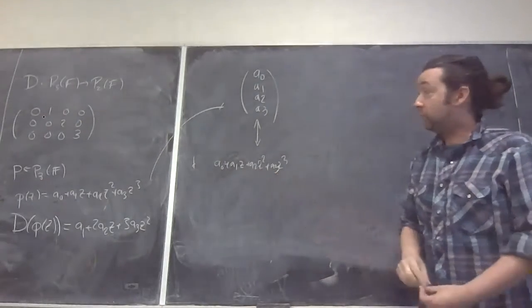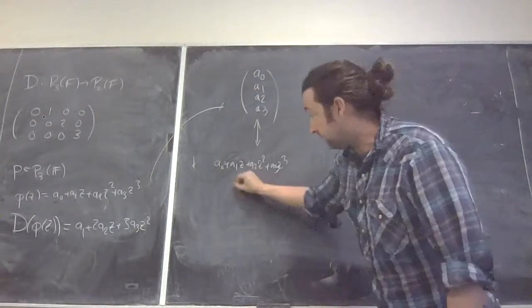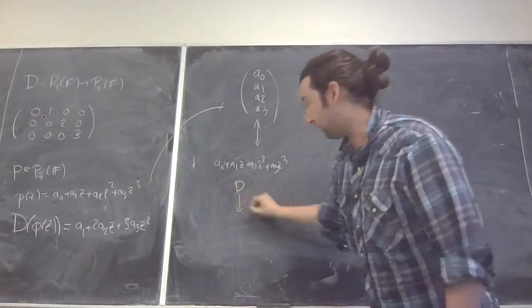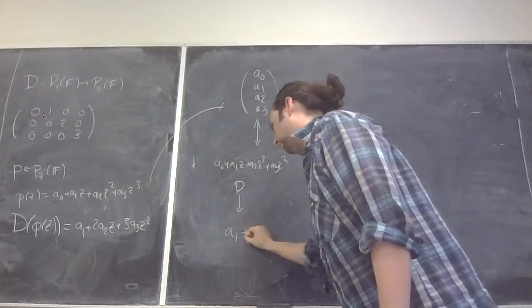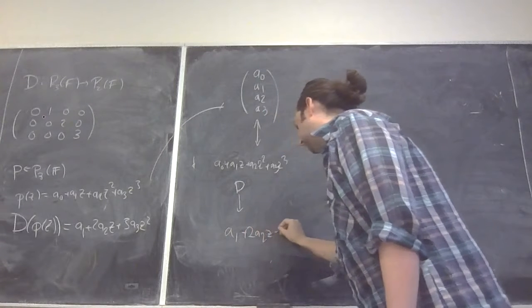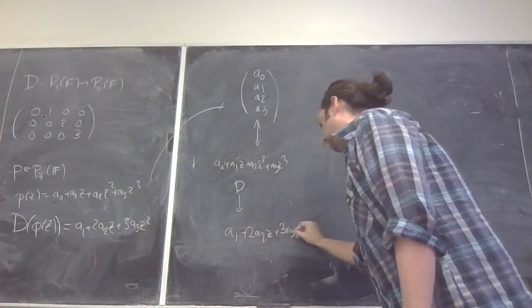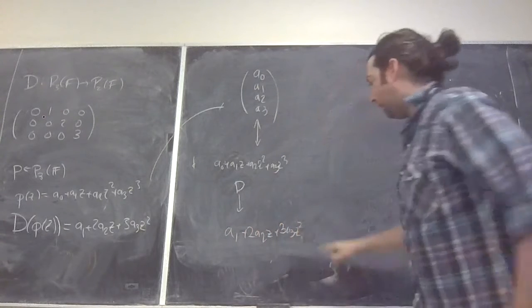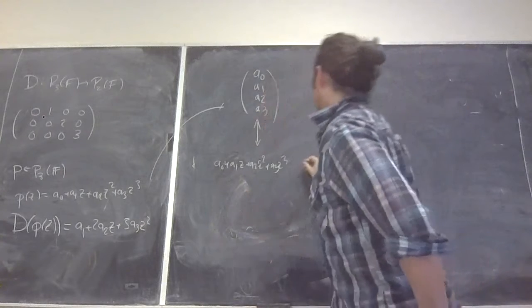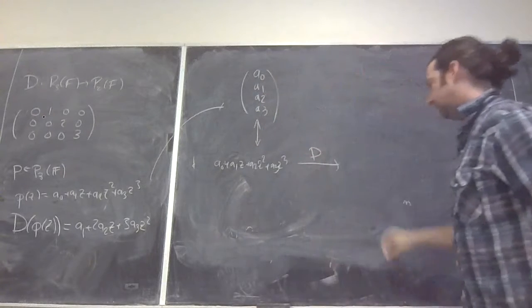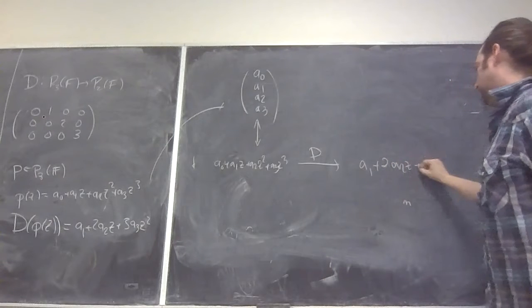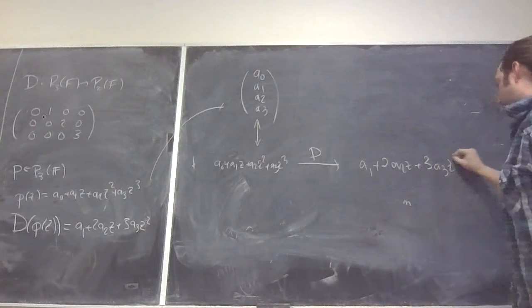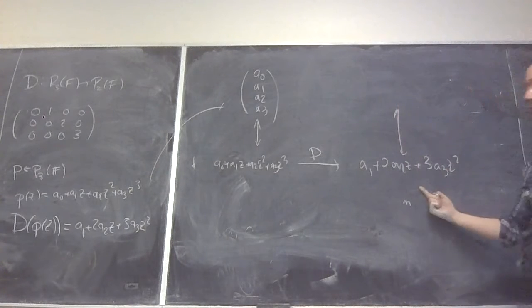So if I apply the derivative operator to this, I get a_1 plus 2a_2 z plus 3a_3 z squared. What object is this? This thing under the action of D turns into a_1 plus 2a_2 z plus 3a_3 z squared. What vector should that be related to?